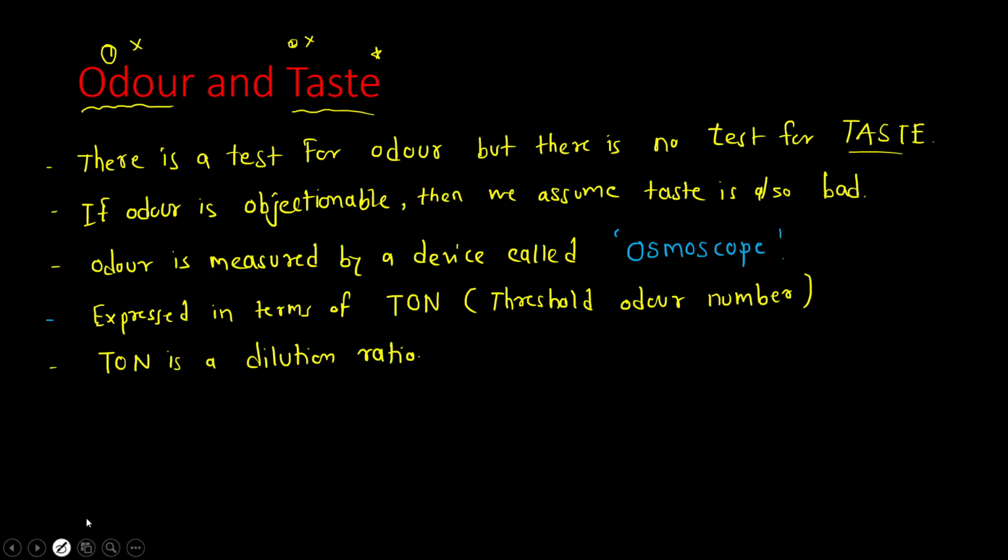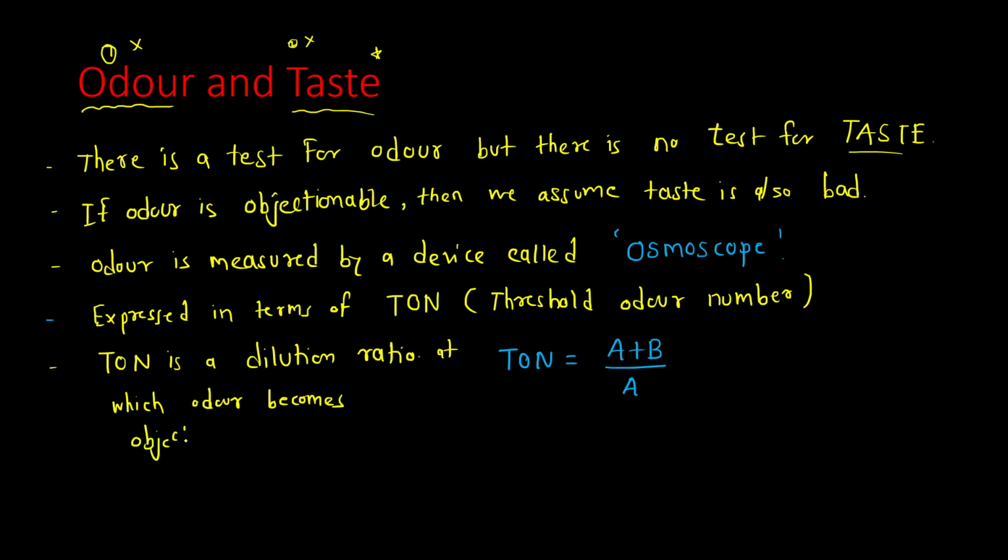The formula for TON calculation is: threshold odor number equals A plus B by A. It is the dilution ratio at which odor becomes objectionable, or in this case detectable. If a certain foul odor is detected, that will be the point of the dilution ratio.